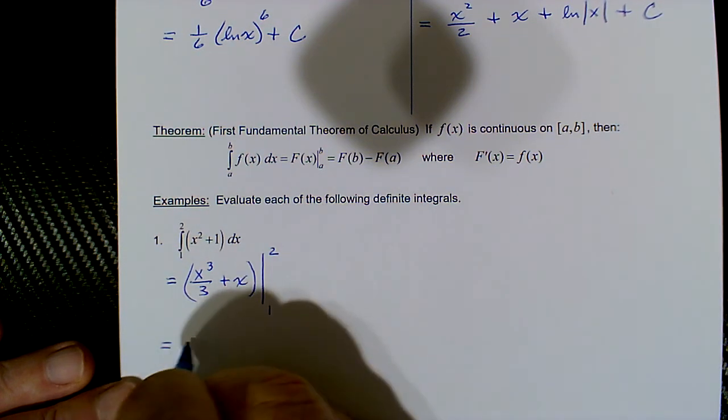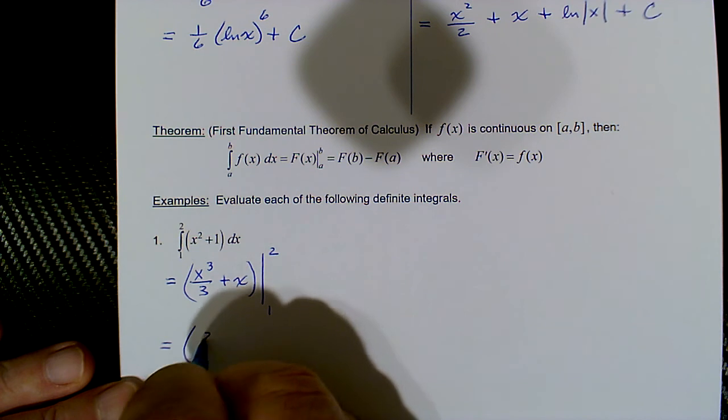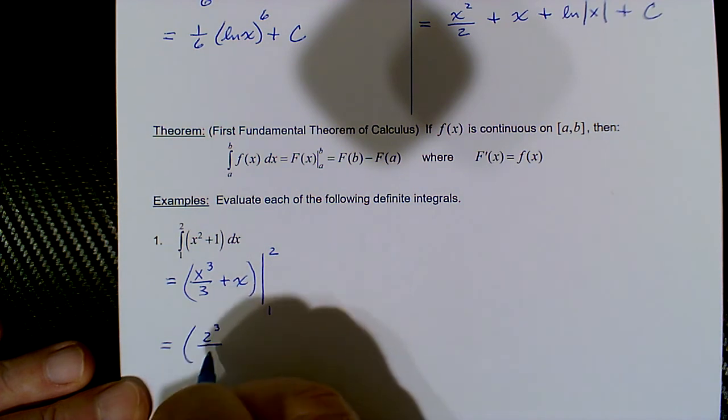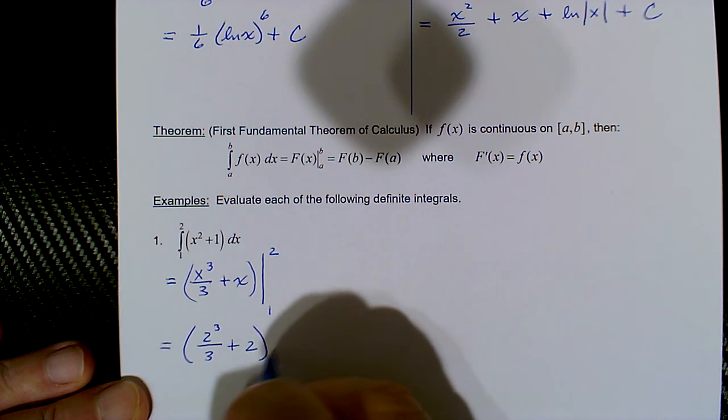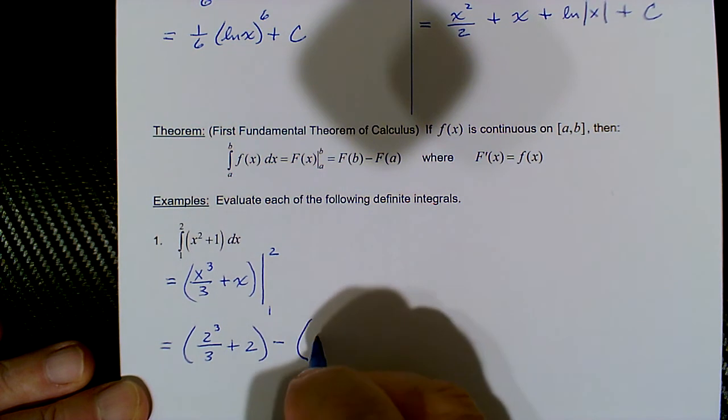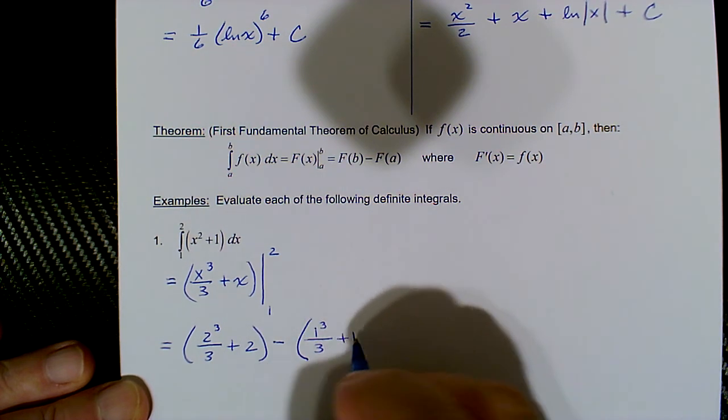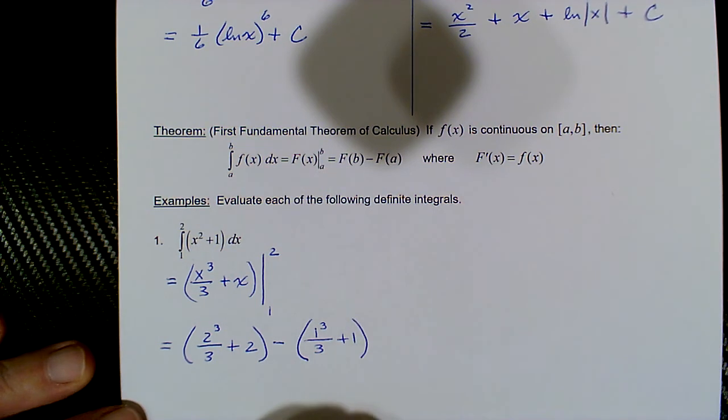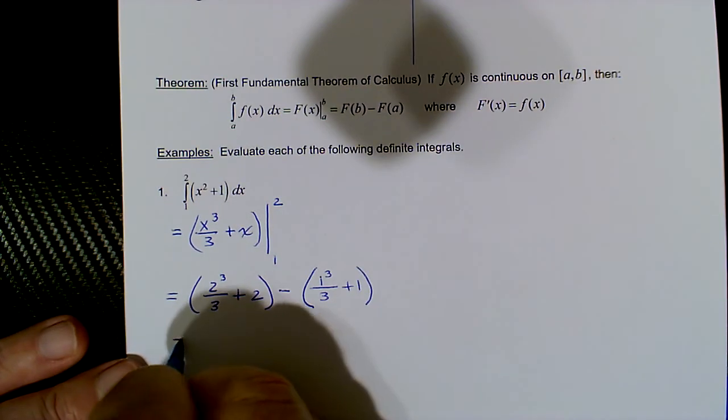And then the fundamental theorem says upper limit goes in, so plug a 2 in for x. 2 cubed over 3 plus 2, and then minus lower limit goes in. So 1 cubed over 3 plus 1, minus that quantity, that is. Okay, so then just arithmetic.